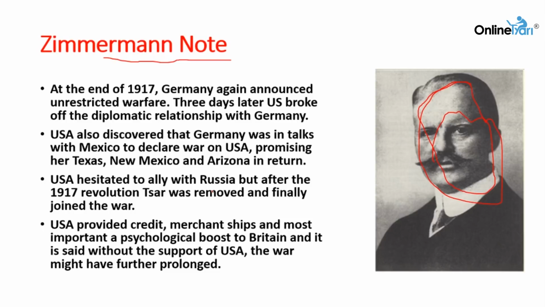Three states of the US we will provide if you declare war on the US. And the US government found that note, the secret talk going on between them. So finally the USA declared war on Germany in 1917.